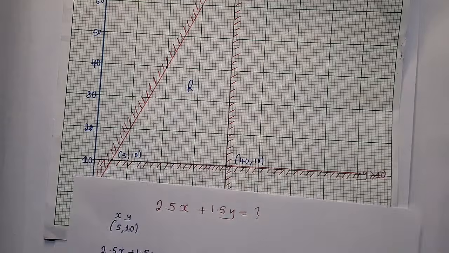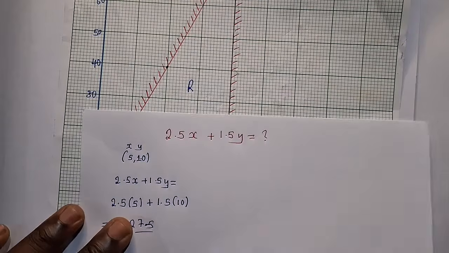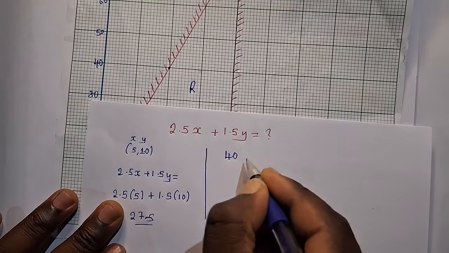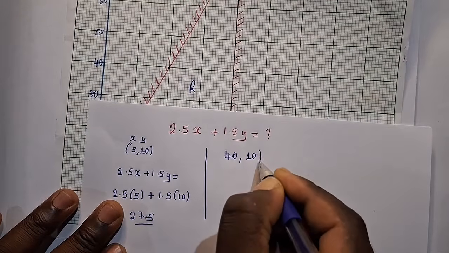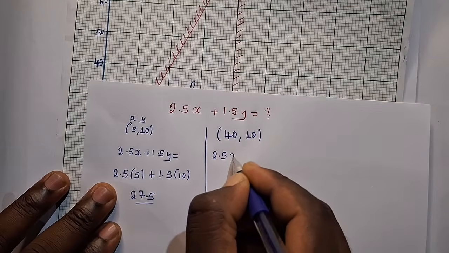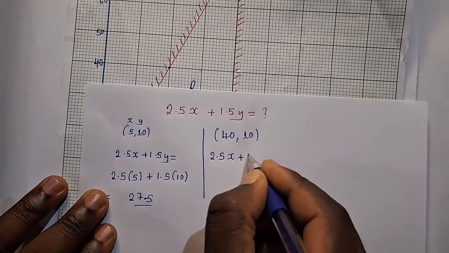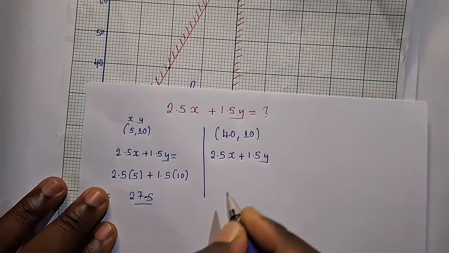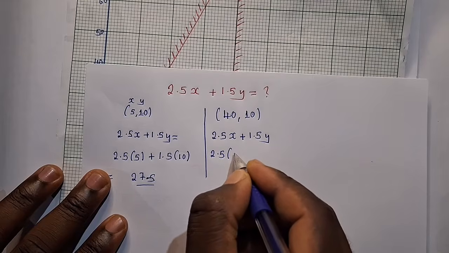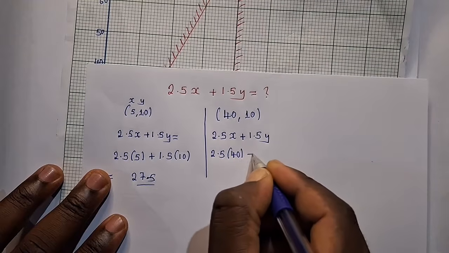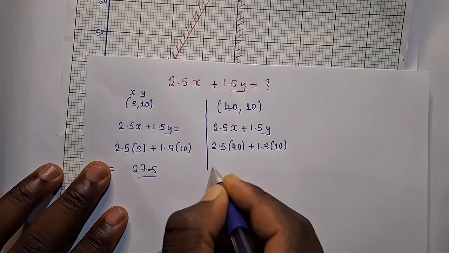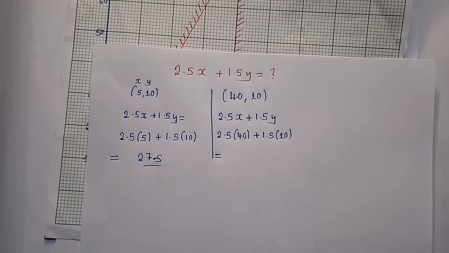The next one here will be this one. Okay? So that is (40, 10). So we do the same: 2.5x plus 1.5y. So we substitute 2.5(40) plus 1.5(10).